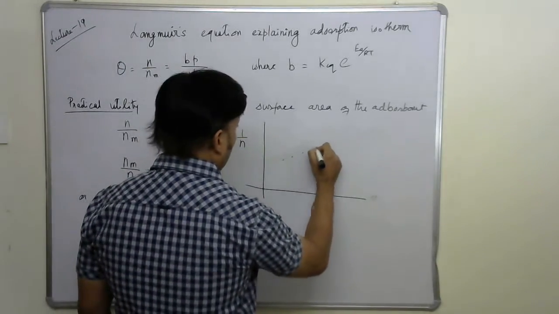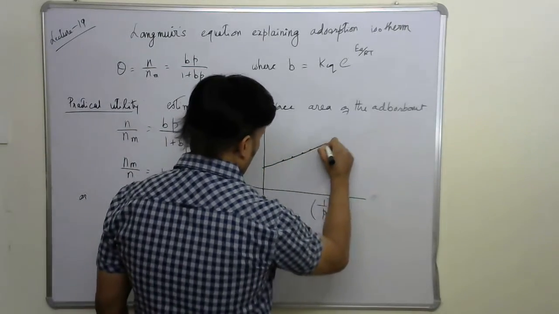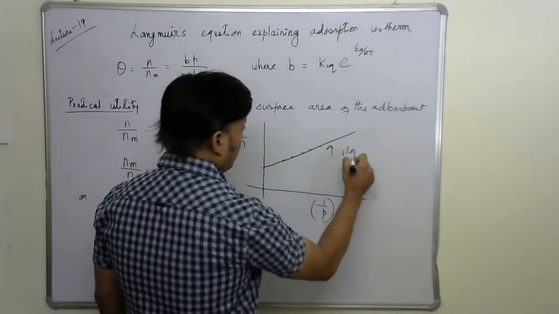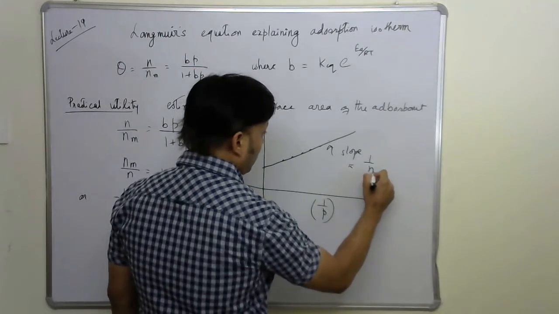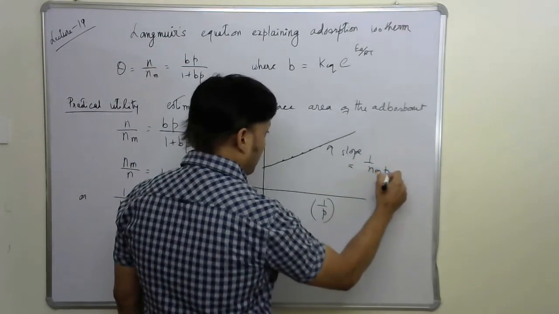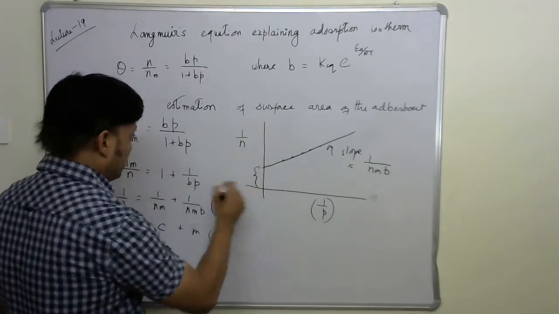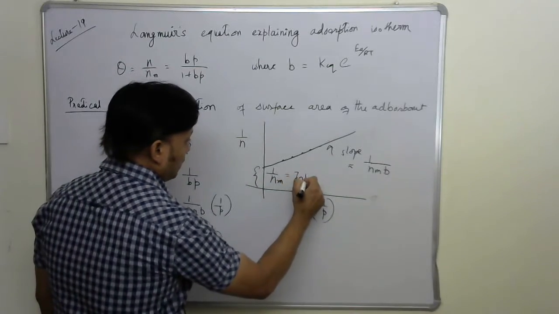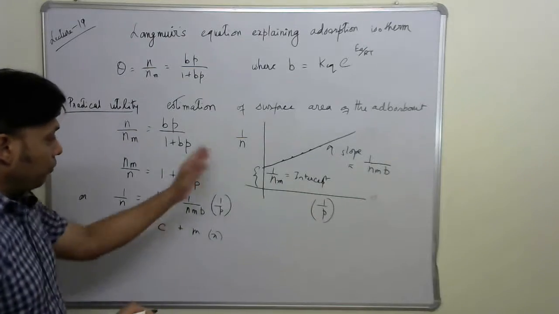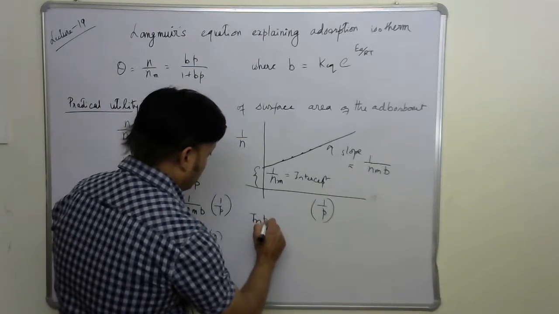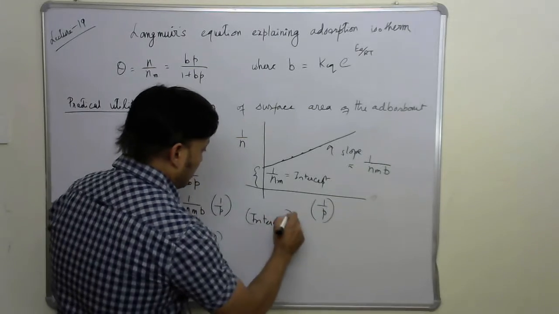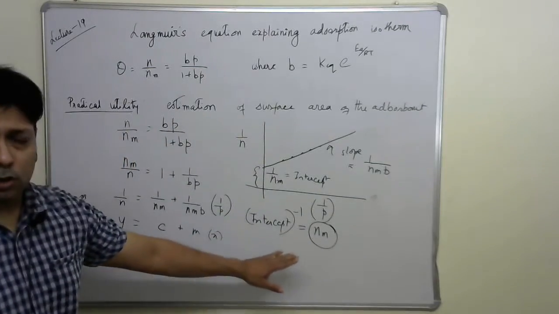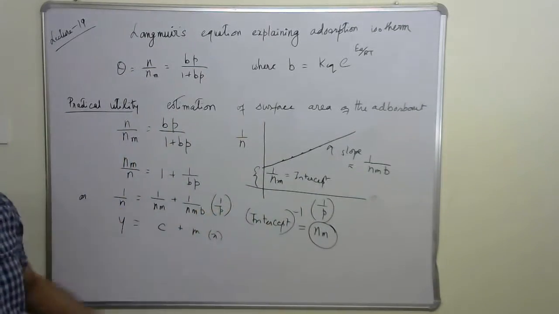The points would come like that, and if we make a best fit straight line, the slope would give me the value 1 over nm multiplied by b, and the intercept would give you 1 over nm. So this is the slope and this is the intercept. If we take the inverse of the intercept, it would give me nm, the number of gas molecules required to have a complete monolayer adsorption.